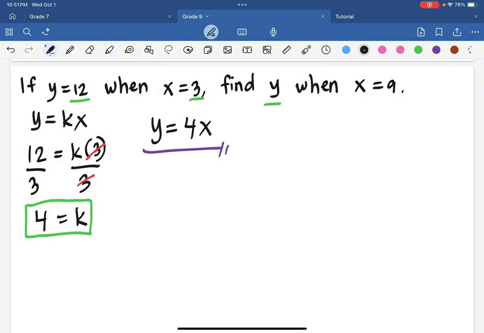So here, we don't have a y, so we could just write y here because that is being asked. And then 4 as our constant times the new value of x, which is 9. So for the value of y, we have 4 times 9 is 36. And this is our answer.